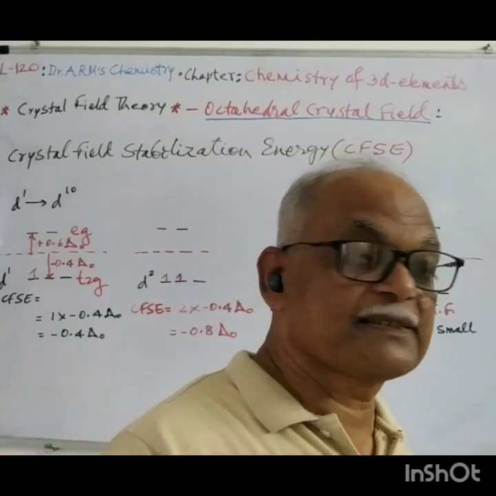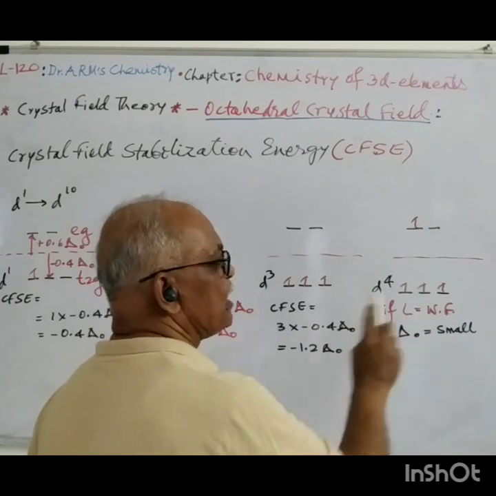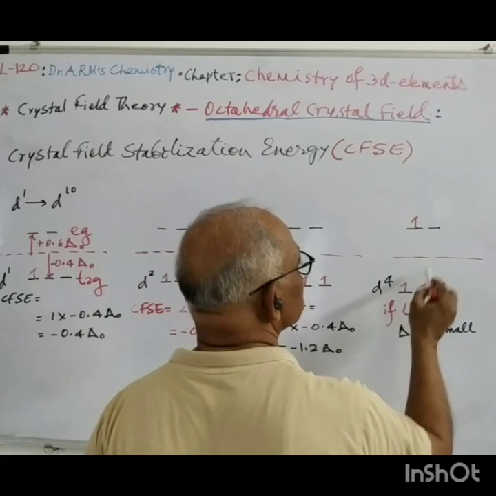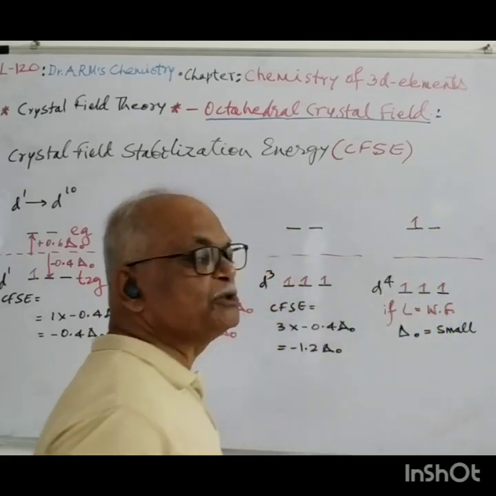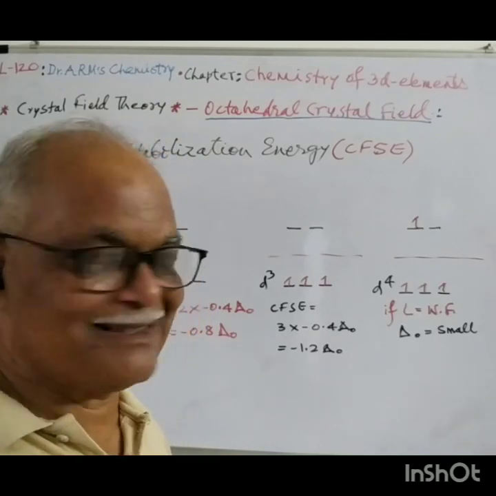So in such a case, the ligands are weak field, delta O is small, which makes the movement of the 4th electron easy into the relatively higher energy eg orbitals.